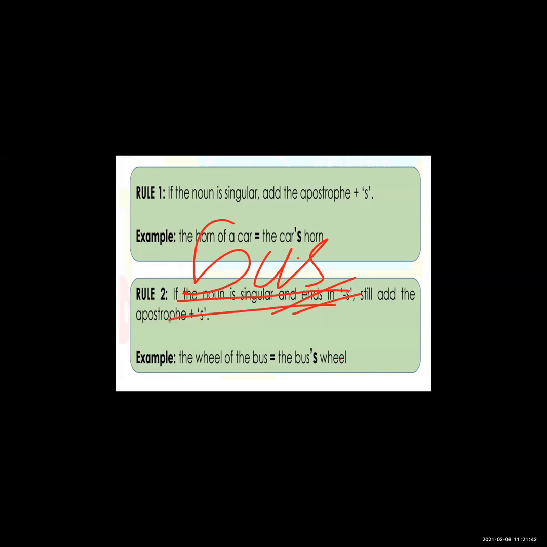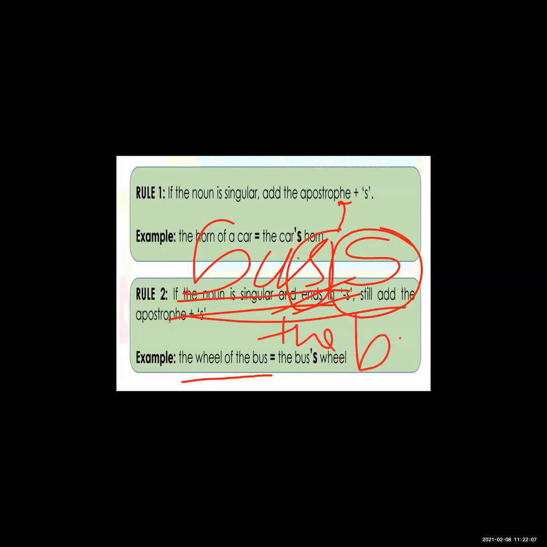Then also we will write apostrophe plus s. If the noun is singular and ends with s, still add apostrophe plus s. The wheel of the bus. If we have to write in short form, how we will write? Bus's wheel.